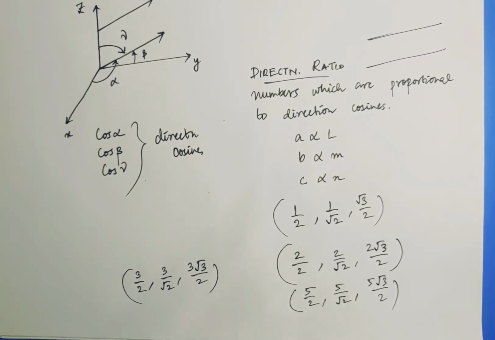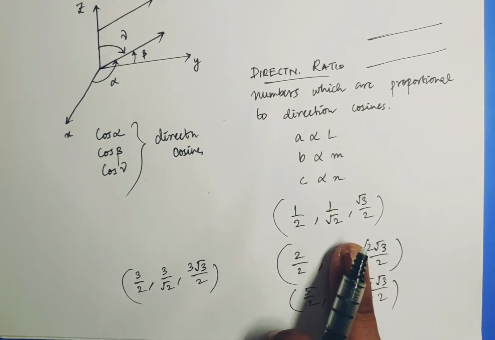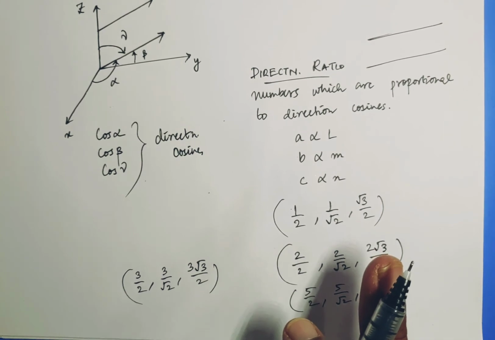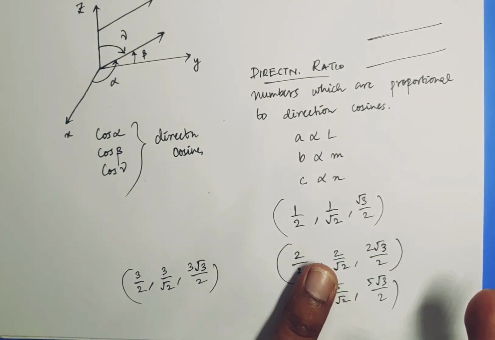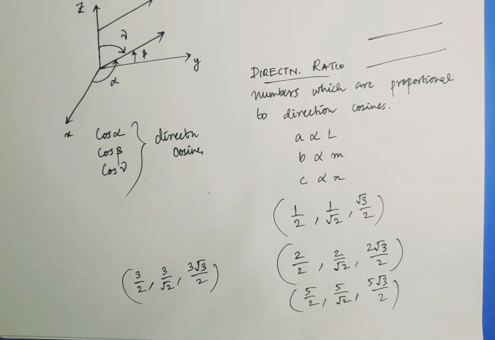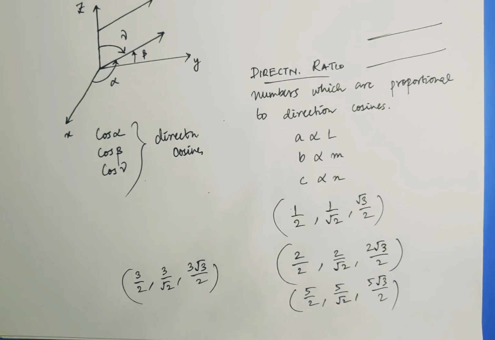Another set of direction ratios. So can you tell me how many numbers you can find which are proportional to these direction cosines? There will be infinite numbers which can be proportional to these direction cosines. Okay, so what we can say is, a line can have infinite direction ratios.